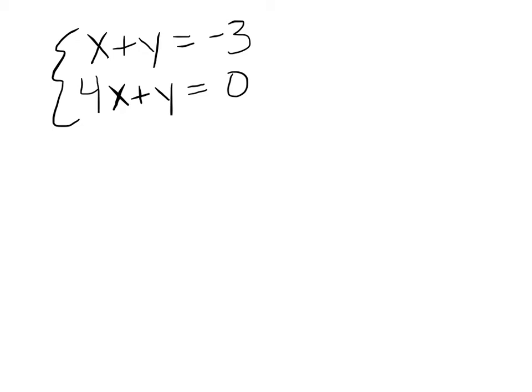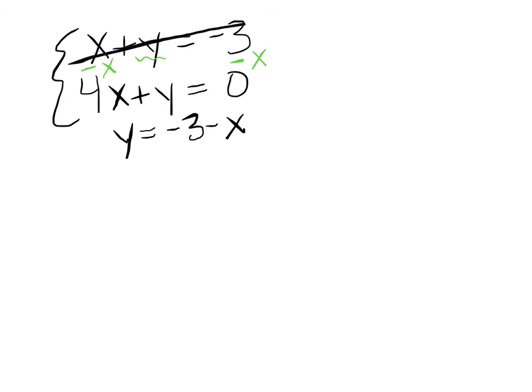If I wanted to make y be all by itself in the top equation, what is there that's with the y? The x. So if I wanted to move that x, subtract x from both sides, I could write myself a new system. The new equation would be y equals negative 3 minus x, or negative x minus 3. It doesn't matter which order you do it in.